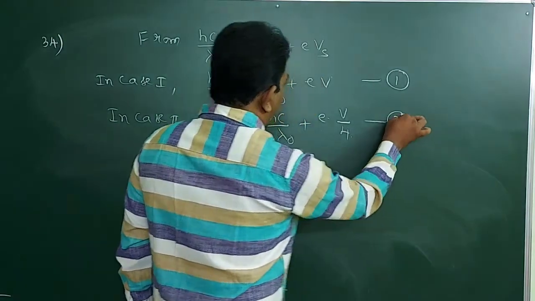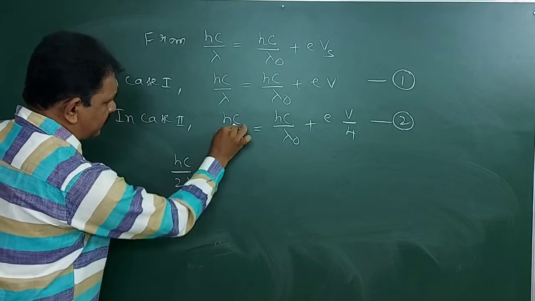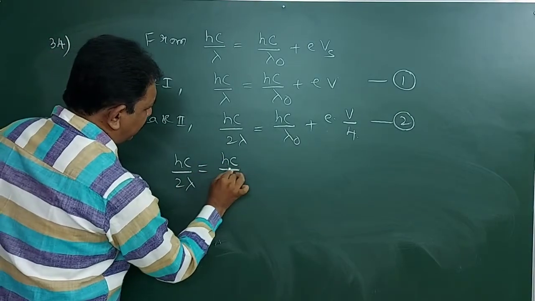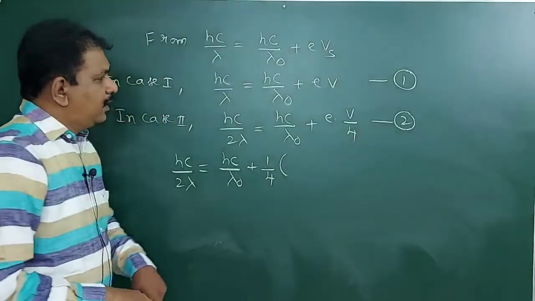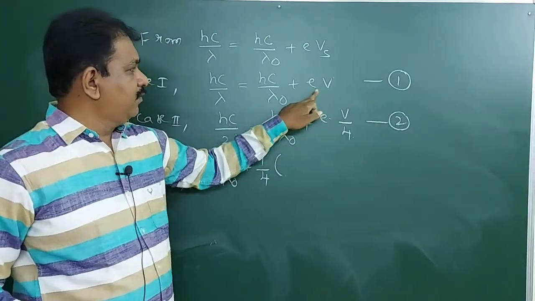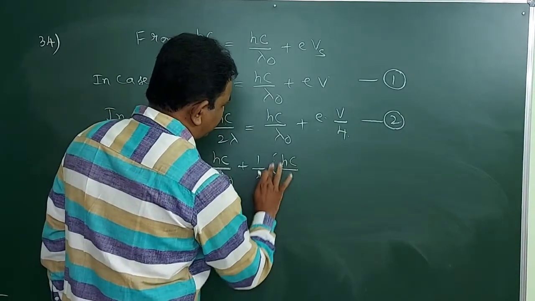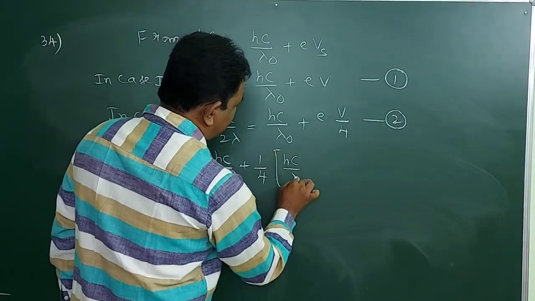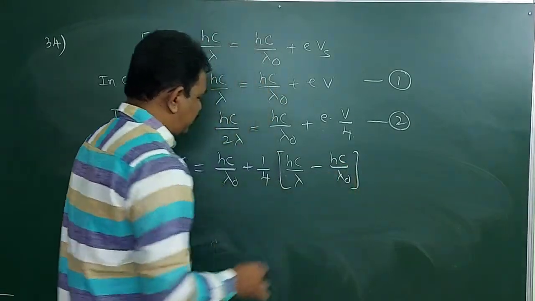What to do? hc by 2 lambda, as it is, equals hc by lambda naught plus 1 by 4 eV, and this eV we will substitute: hc by lambda minus hc by lambda naught.